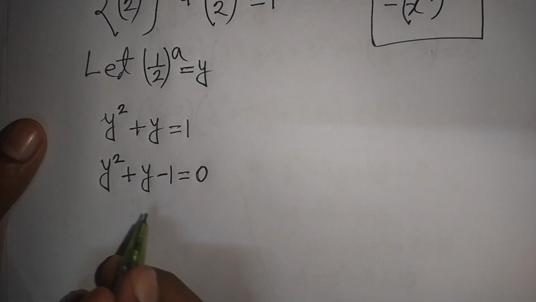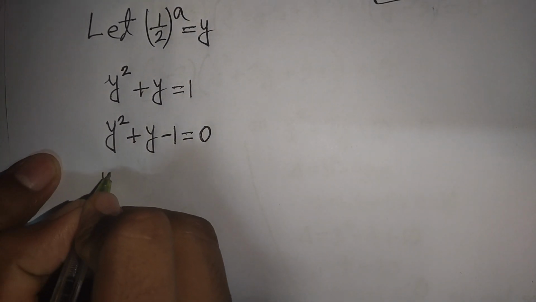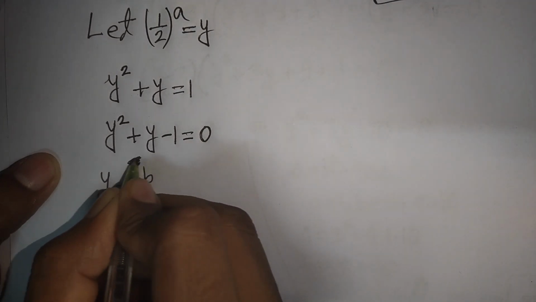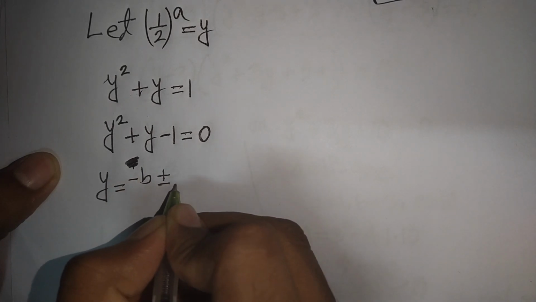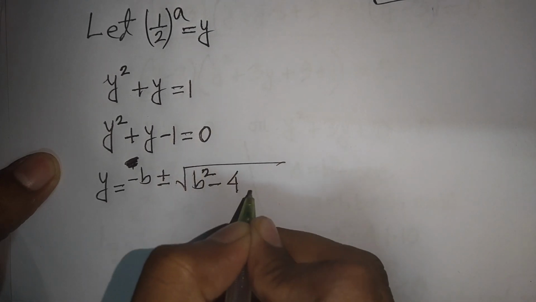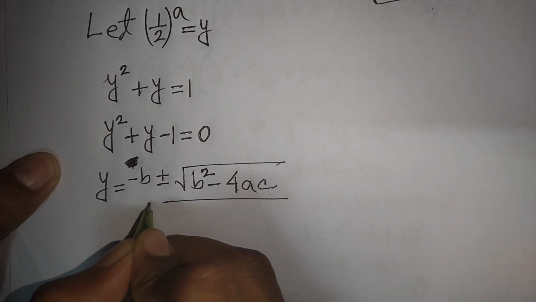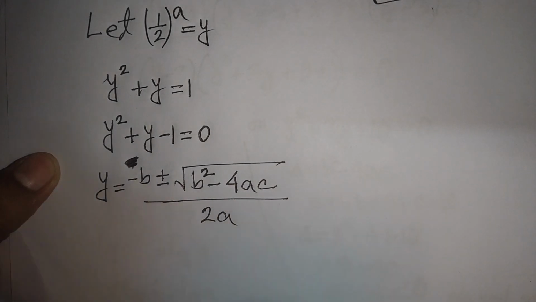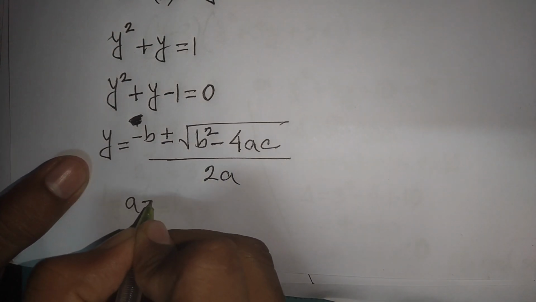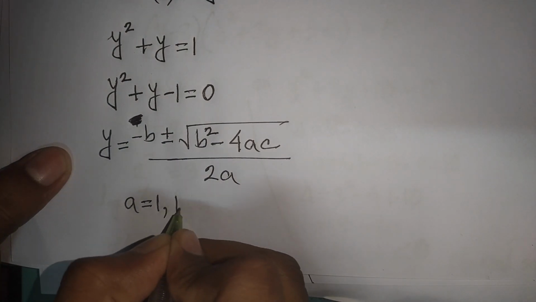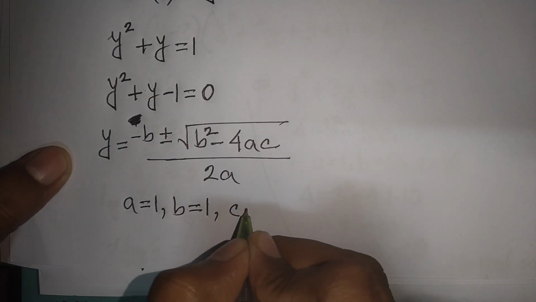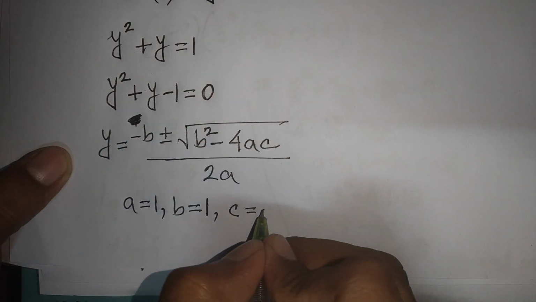Now here you can apply the quadratic formula, so you can write here y is equal to minus b plus or minus the square root of b square minus 4ac, divided by 2a. Here a will be equal to 1, b will be equal to 1, and c will be equal to minus 1.